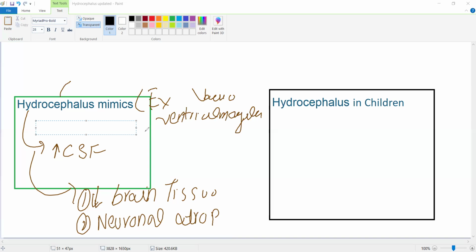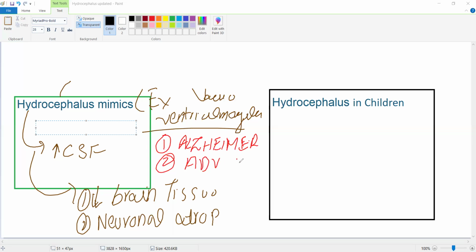Okay, so what conditions lead to this? Alzheimer disease, right? Any other? Advanced HIV. Okay, neurodegenerative disorder. What is another name of this pathology?